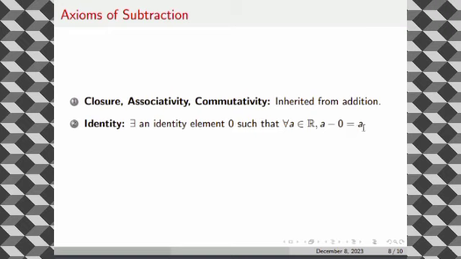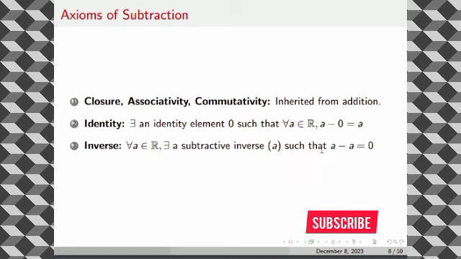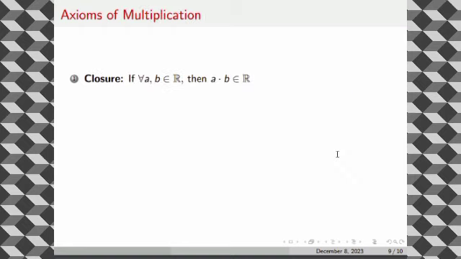So 0 will not affect the value of a real number; it's called identity. Inverse. For all real numbers, there exists a subtractive inverse such that a minus a will be 0. After subtracting the value a from a, the result will be equal to 0, and that will be called the subtractive inverse.